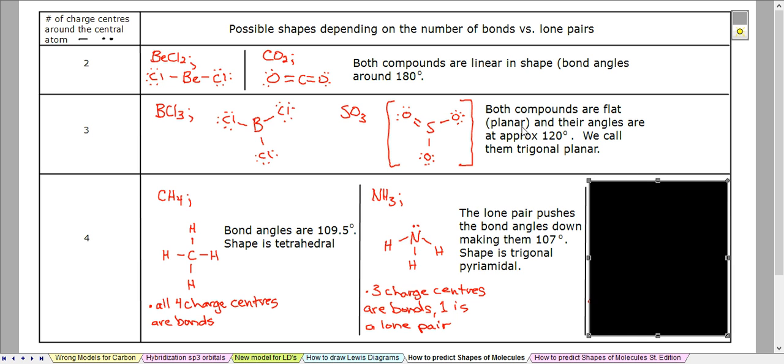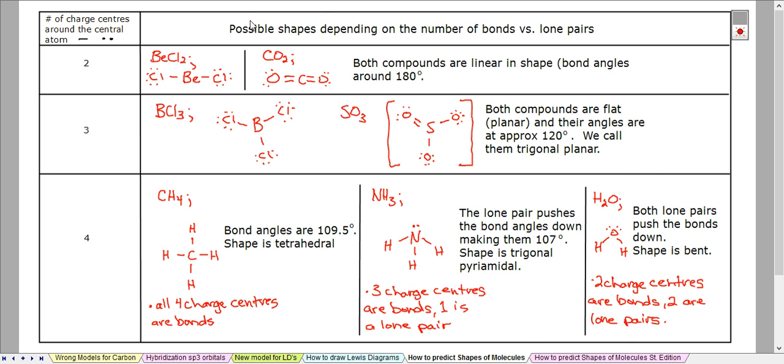There's one other situation, and that is if we have something like with water. If you draw water out, again, there's 6 electrons coming from oxygen and 2 from the hydrogen. That gives us a total of 8 electrons, and we just did this one on the sheet before.